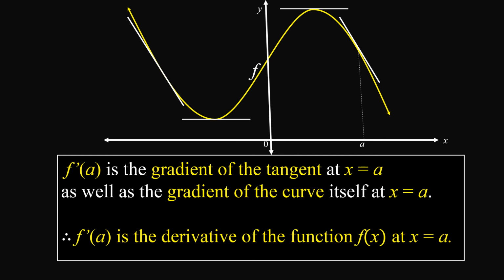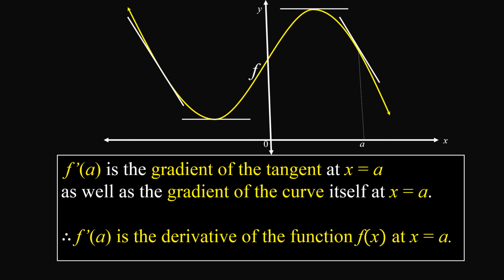So if we can get the gradient of the tangent, that itself is the gradient of the curve at a particular point. Therefore, f dash a is the derivative of the function f(x) at x equal to a.